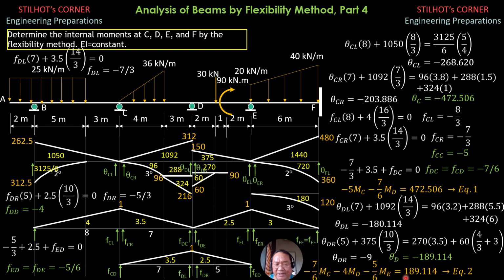The negative of that is 189.114. So let's continue this on the next slide by considering the remaining spans.